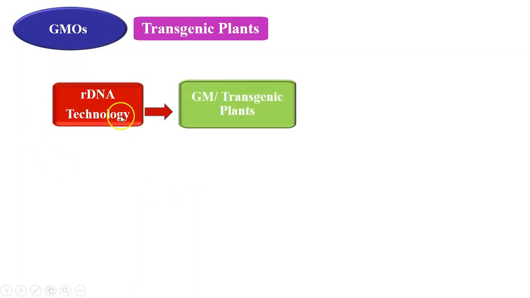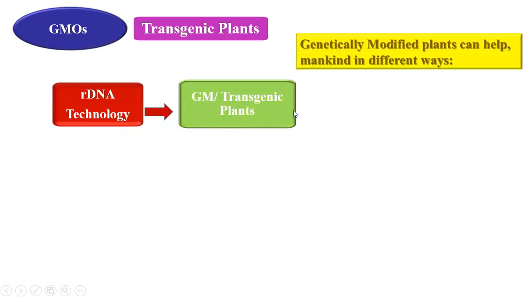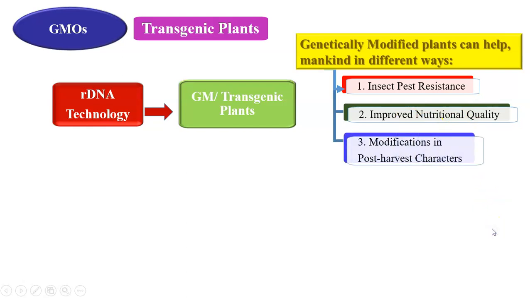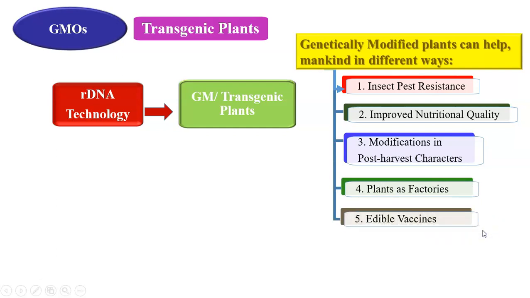The recombinant DNA technology gives rise to transgenic plants, and these plants can be used for different purposes, such as for the production of insect pest resistant plants, for improving nutritional quality, for modifications in post-harvest characters, for using plants as factories, and for edible vaccines. Let us discuss one by one these 5 ways by which we can use transgenic plants.